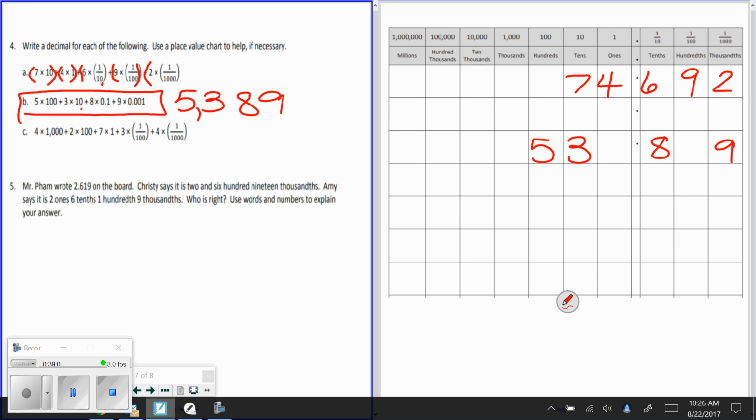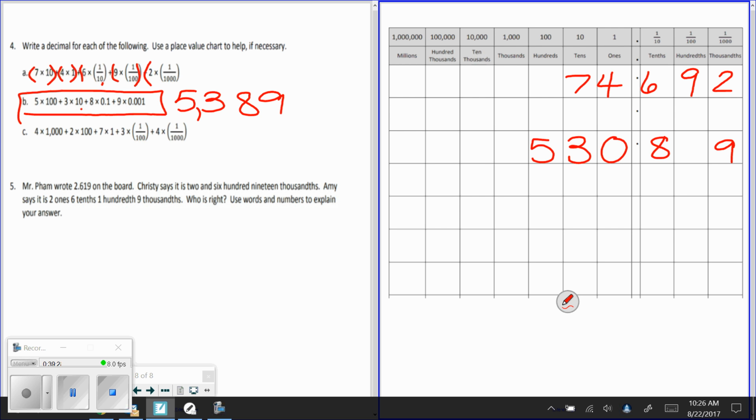Now, am I done with this number? No. So I'm missing something. What should I do? Selena, add the zeros. I should not have empty pockets in between my numbers. I cannot have an empty space between a number and a decimal, and I cannot have an empty space between 2 numbers back here.